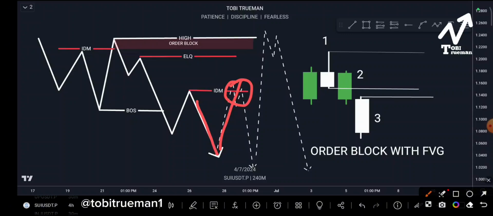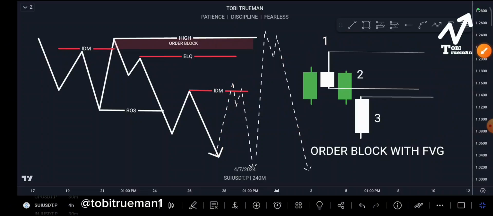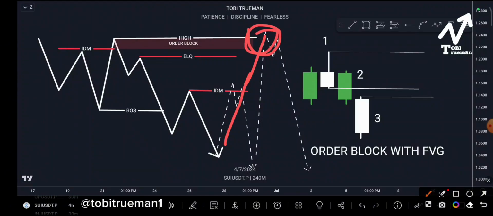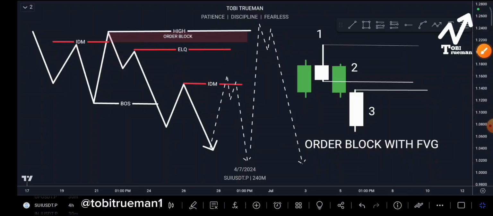And then if price gives us this type of entry model that we have discussed in the previous videos, we do what? We will enter. Then if price also comes, after taking out inducement, price can take out this extreme structure high point. After price has taken it out, we also look for our type of entry. If we see it, we enter. Now there are some things that will happen when we see this type of entry, either at inducement or at engineering liquidity.